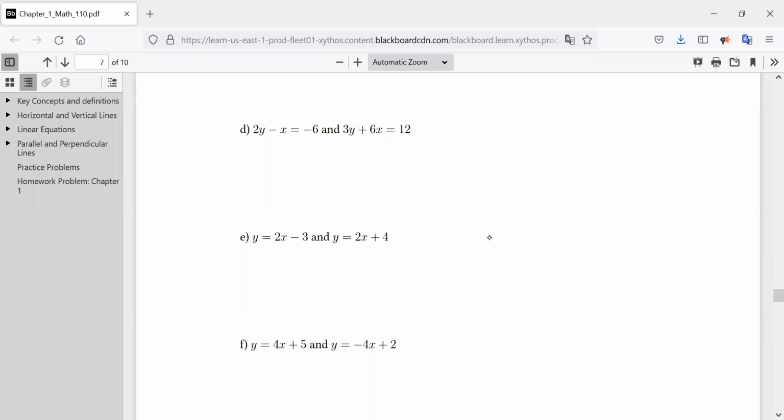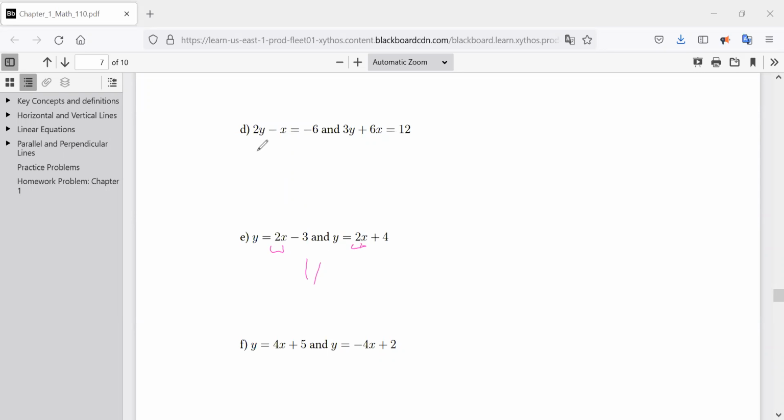Can something even be done to them? I mean, you might get that they're neither, but you can definitely manipulate them to see what's going on here. In fact, this second one should be pretty immediate, right? They're both already in slope-intercept form, so what do you get there? Yeah, they're going to be parallel because you've got the same slope.